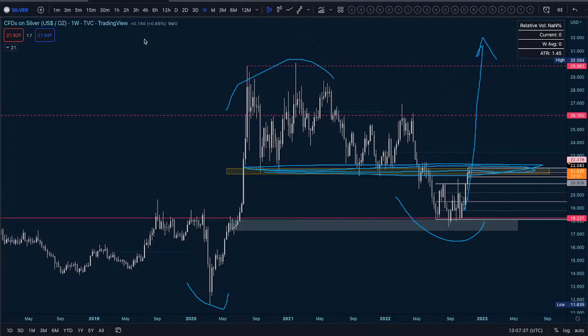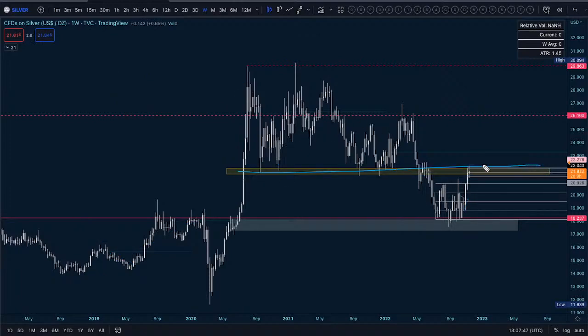If we forget about this price action, and the price came down here and then we had this move, then I would say, okay, that's a generational short opportunity.